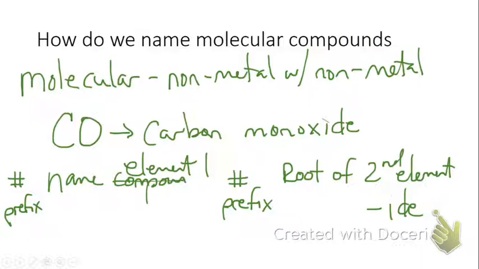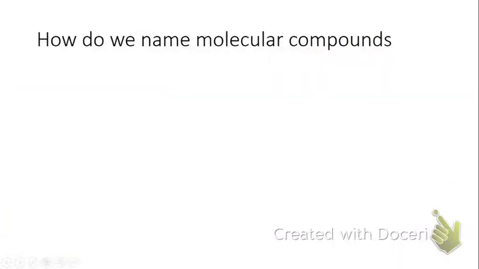Shouldn't then CO be monocarbon monoxide? Whenever we have a mono as the very first prefix, so if we just have one element in the molecular compound, in this case carbon, we do not have to put mono in front of it. It is assumed when you just say carbon that we're talking about one carbon. So let's look at a couple examples of this.